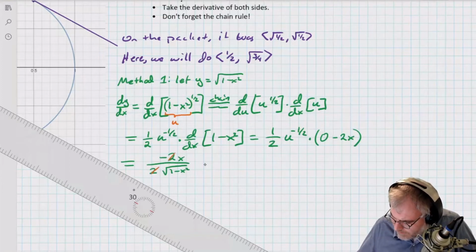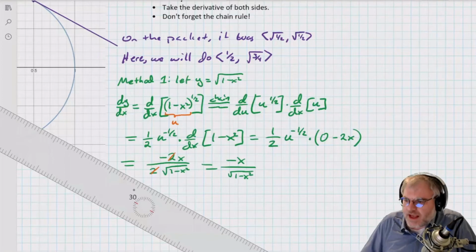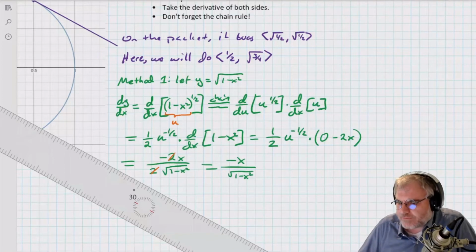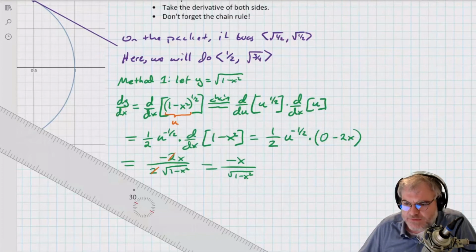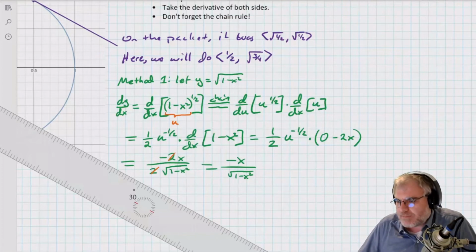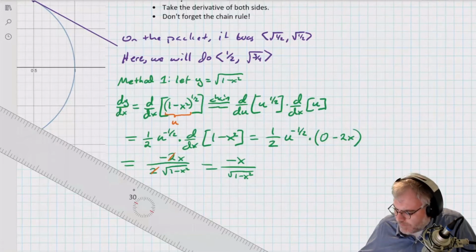And I wind up with negative x over the square root of 1 minus x squared. How do we feel about that? All right, I did a chain rule. I did some messiness with the u's. I played with it some, and I wind up with this.